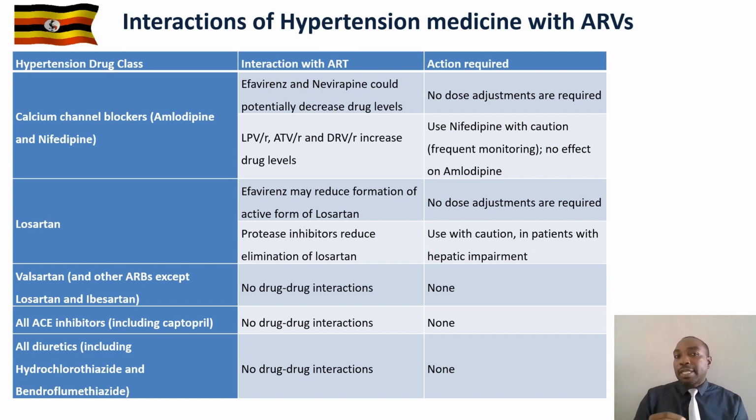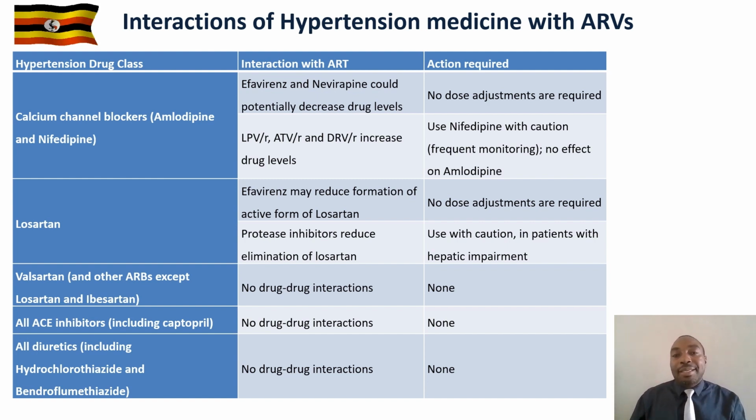Now, if you put them on calcium channel blockers like amlodipine and nifedipine, and they're taking NNRTIs, efavirenz, nevirapine, these NNRTIs are known to stimulate the liver. They stimulate an enzyme system in the liver called the cytochrome P450 enzyme system. That enzyme system clears drugs. It's responsible for metabolizing drugs.